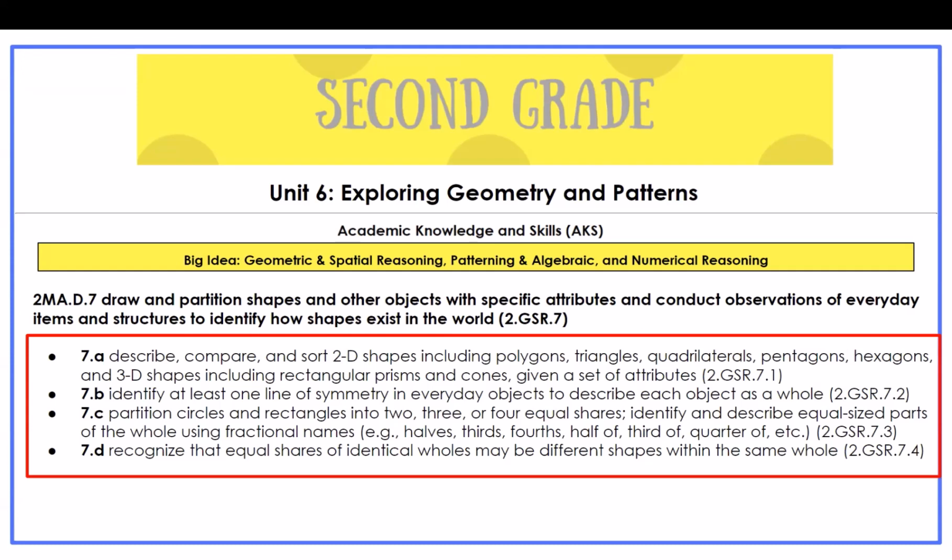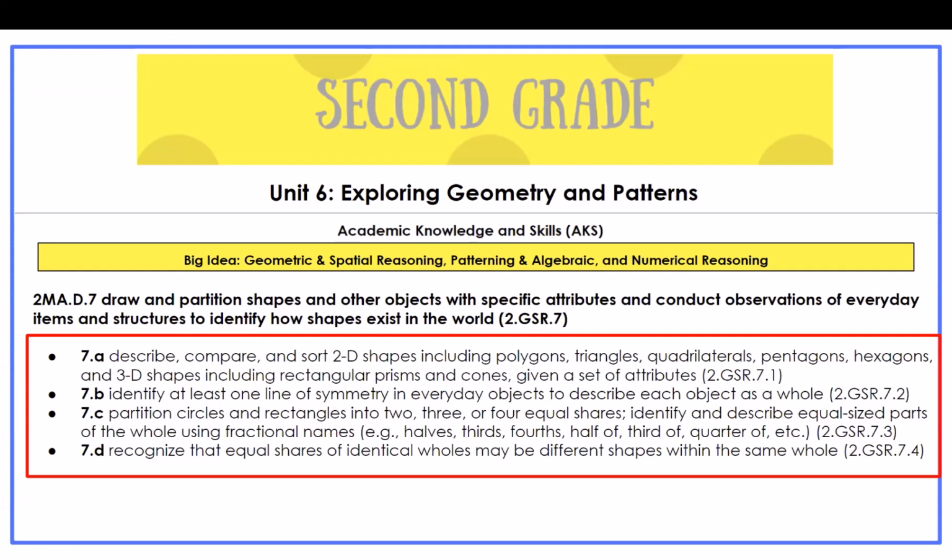In addition, one consideration of this standard allows students to draw shapes as a part of their learning progression. They will describe shapes and justify their identifications based on their conceptual understanding of the given attributes.